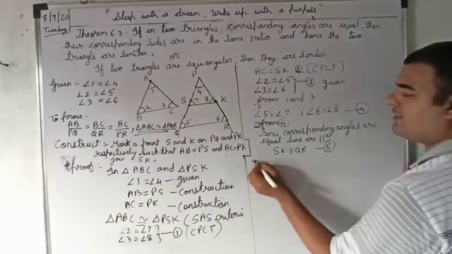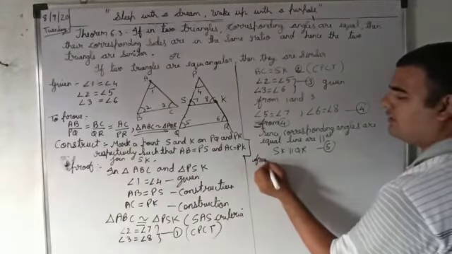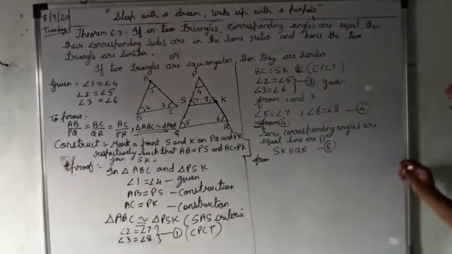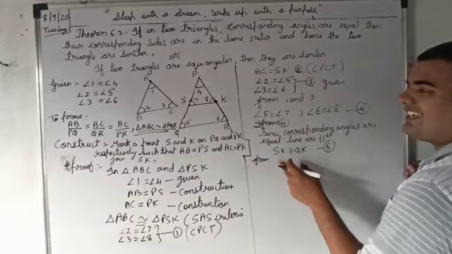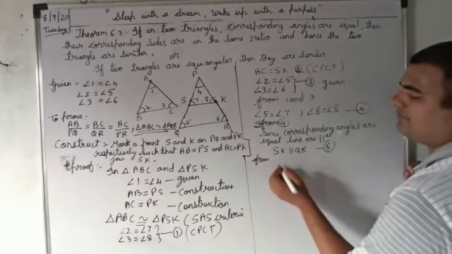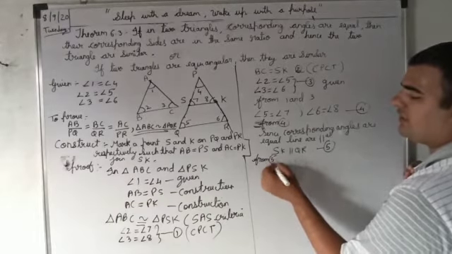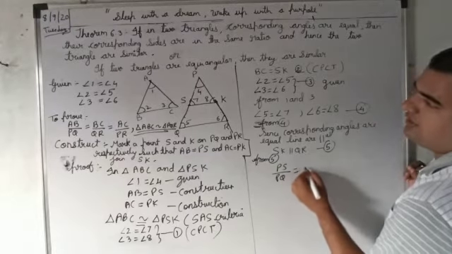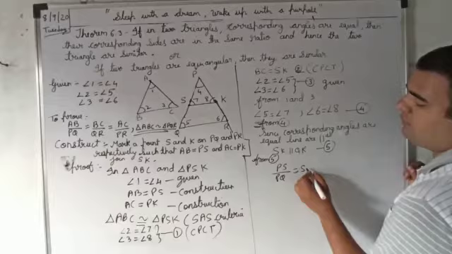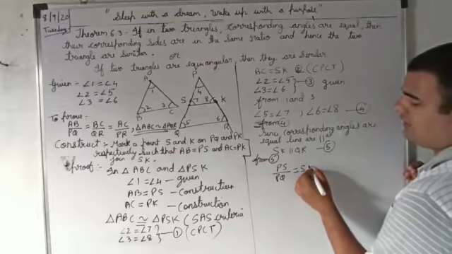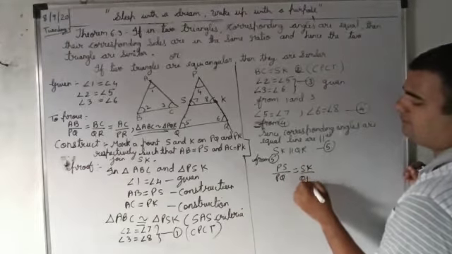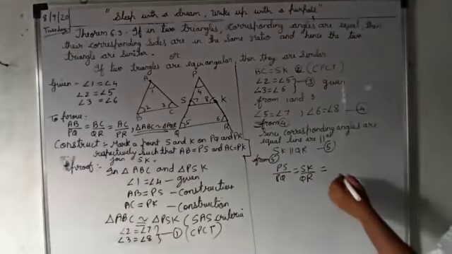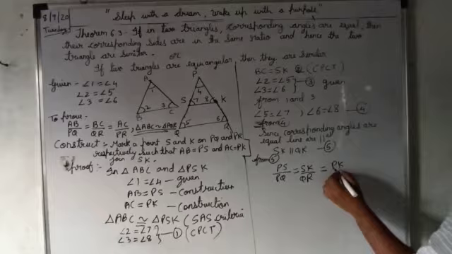From 5, since SK is parallel to QR, we can apply the corollary of Thales theorem. So PS upon PQ equals SK upon QR, and next PK upon KR.